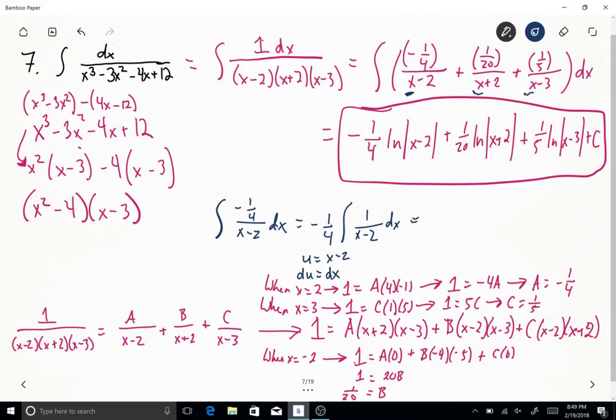So in essence, what's happening here is you get negative 1/4 the integral of 1 over u du. So that means this is negative 1/4, and the antiderivative of this thing is just natural log of u, plus some constant c.